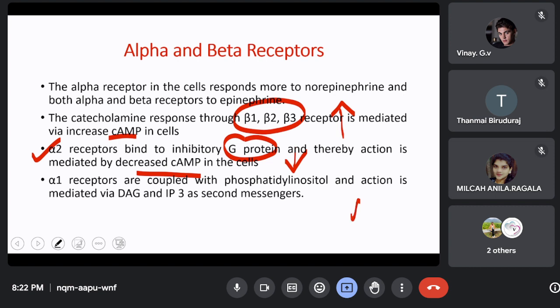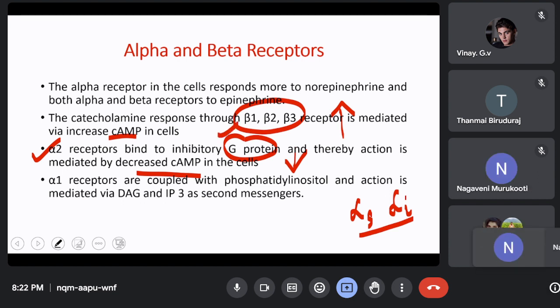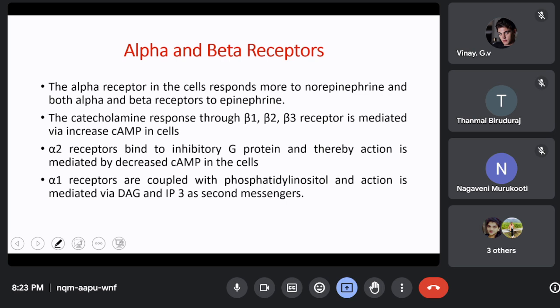G protein has three subunits, alpha, beta, gamma. Alpha is of two types: alpha stimulatory and alpha inhibitory. And here it binds to the inhibitory alpha unit of the G protein, so that cAMP levels are decreased. Whereas alpha 1 receptors are coupled with phosphatidyl inositol. We have already discussed all this.